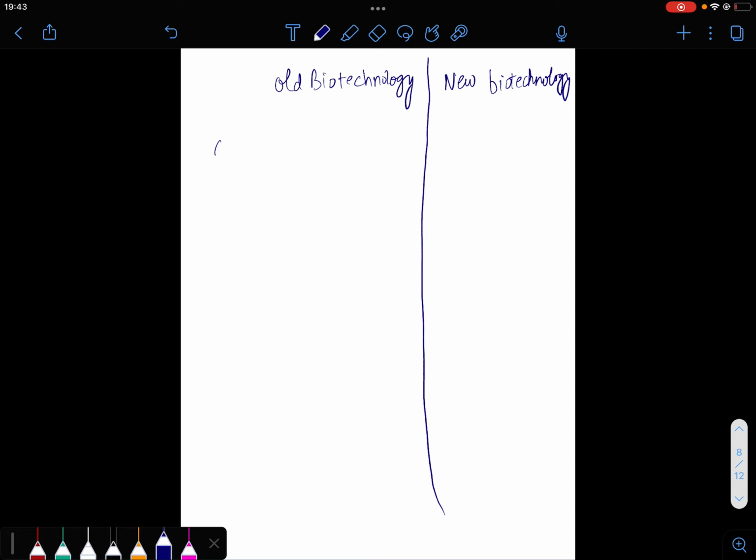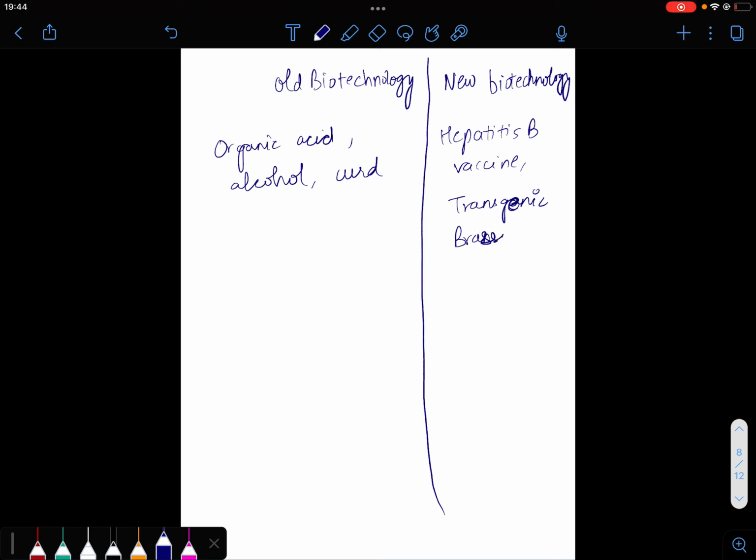So earlier, organic acid, alcohol and curd were the main things that were produced using biotechnology, but nowadays we see vaccines like for hepatitis B vaccine, transgenic organisms, we will discuss what is transgenic, Brassica napus, flavor saver, like that.